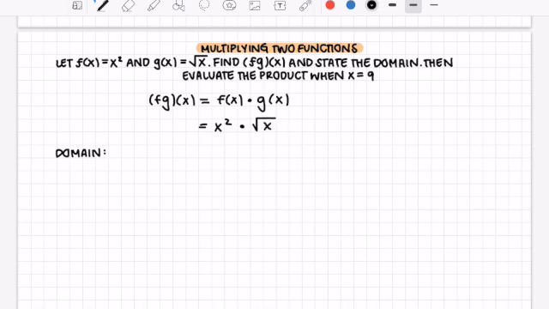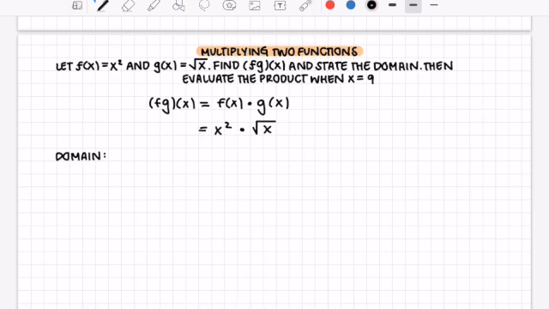And from here, it doesn't look like we can do anything, but what I can do though is I can rewrite this into an exponential form of 1 over 2. And if I do that, I can identify here, since they have the same base, that I could add my exponents together. So 2 over 1 plus 1 over 2.